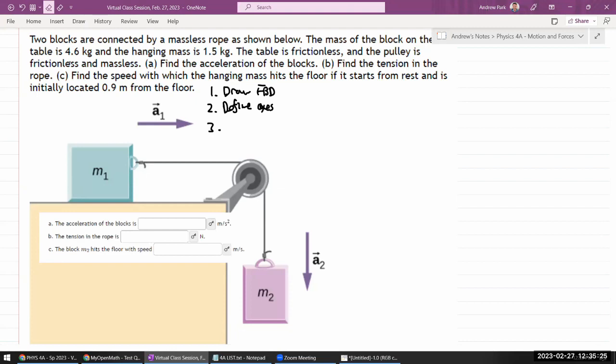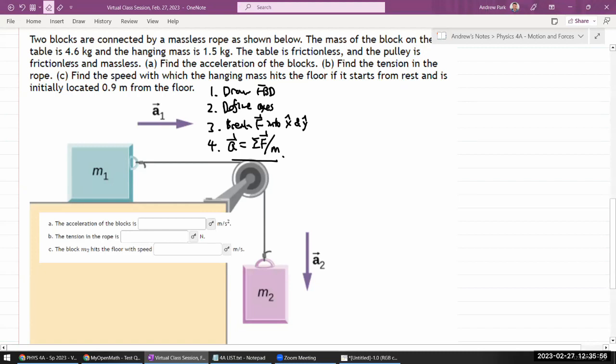And three, we break forces into components, into x and y components. And finally, after we are done with steps 1 through 3, we should have a free body diagram that contains all the information we need. We write down Newton's second law equation. Acceleration is given by net force divided by mass.